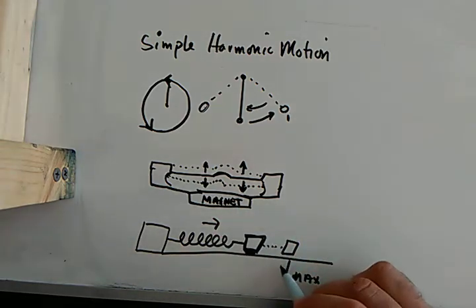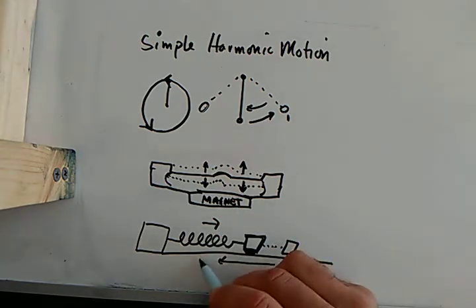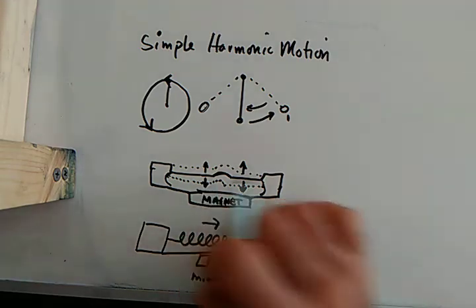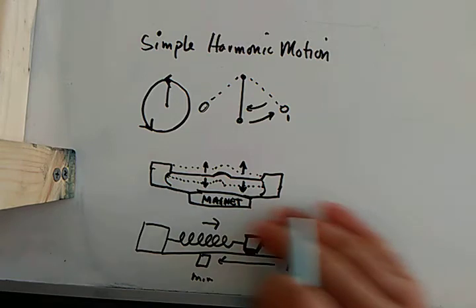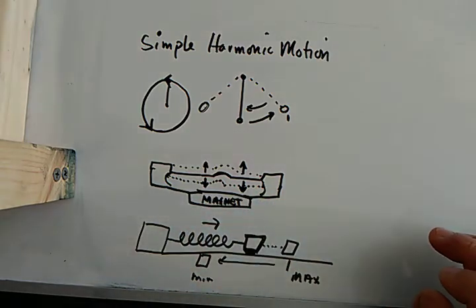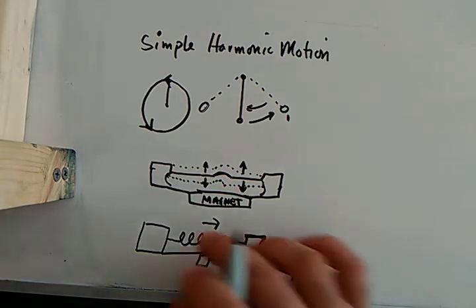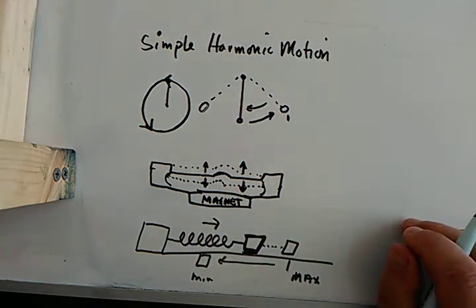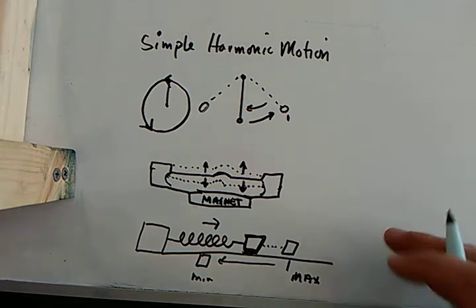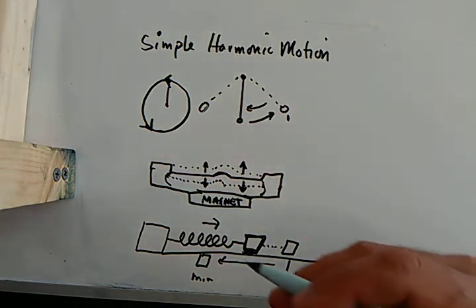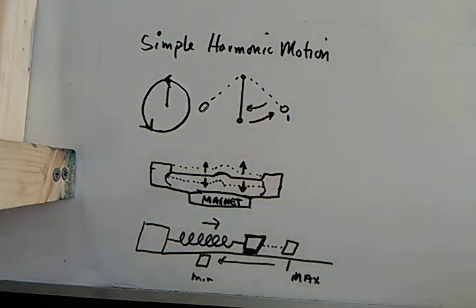When I let it go, it's going to go back this way, and right back here might be the min point. So if I let this go, it's going to go back and forth, right? Especially if we take away friction here, and air friction, that'll just go back and forth forever in a periodic motion. So we can think of periodic motion as something that happens over and over and over again. And yes, you can apply that to a lot of different things.